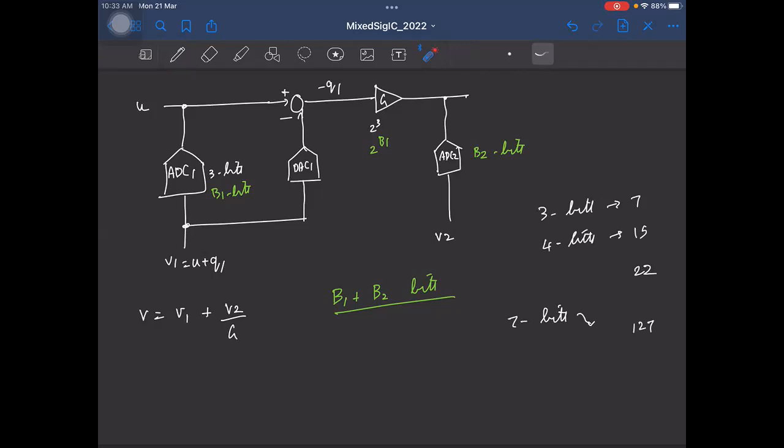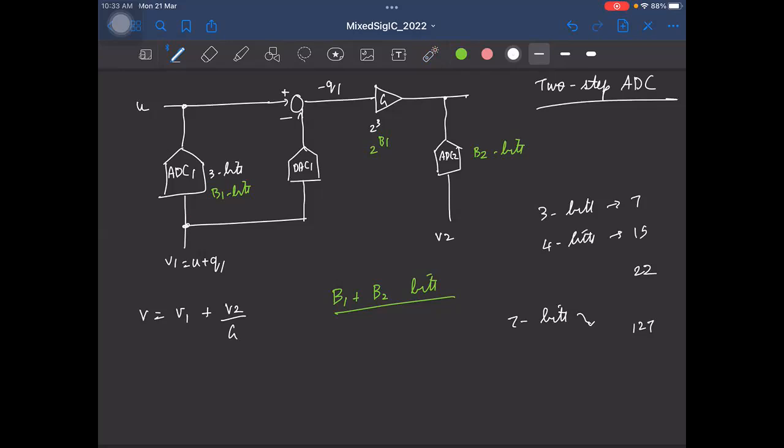Okay. But by cascading, or combining the 2 ADCs to get a 7-bit, we see that the number of comparators has reduced drastically. Okay. And this kind of ADC is called a 2-step ADC, for obvious reasons, because you're doing it in 2 steps, right?